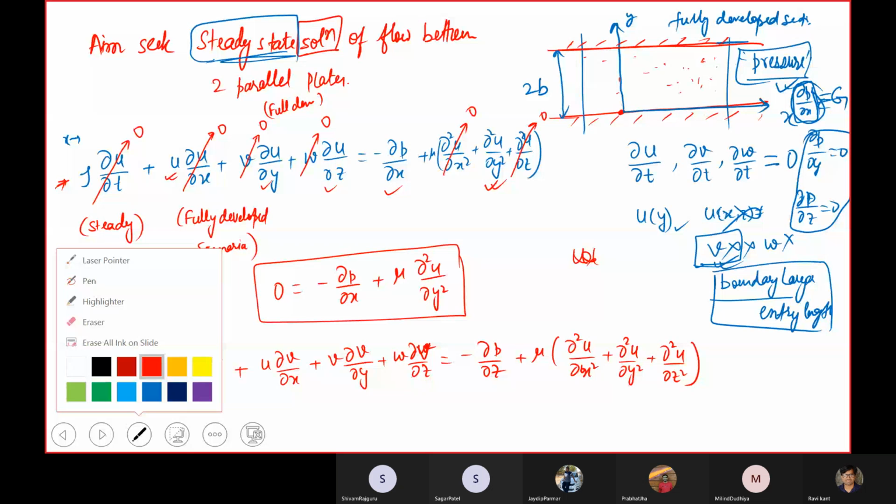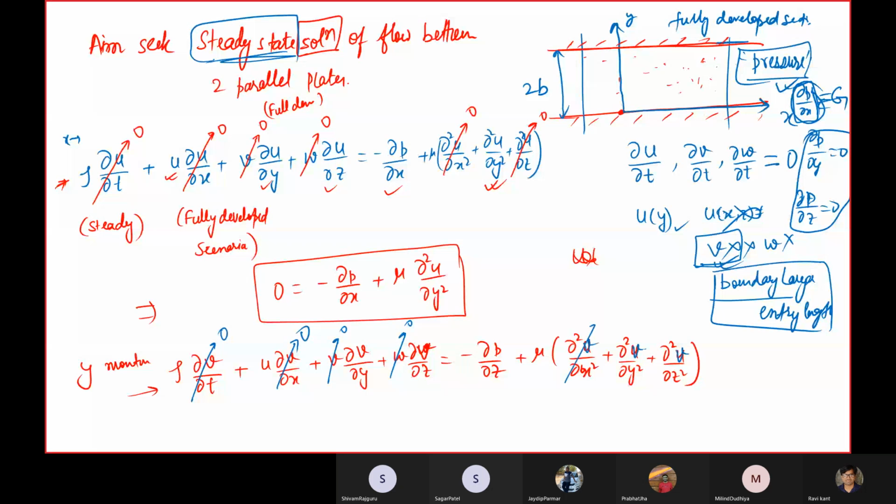So this is 0, this is 0, this is 0, and you are left with ∂p/∂y equal to 0. So we see that inherently pressure in this fluid flow scenario is not varying with y. Whatever pressure you have here will be propagated everywhere along this particular line. It's not changing. But yes, a pressure gradient is there if you traverse in x.